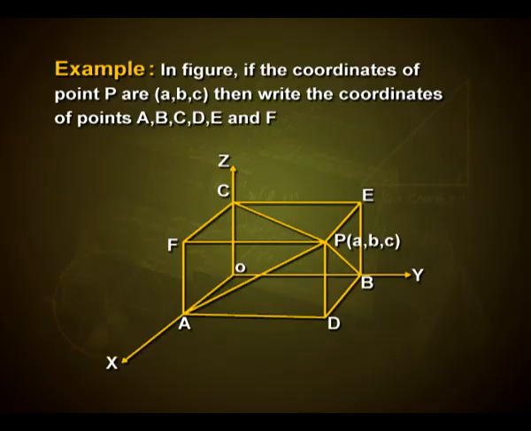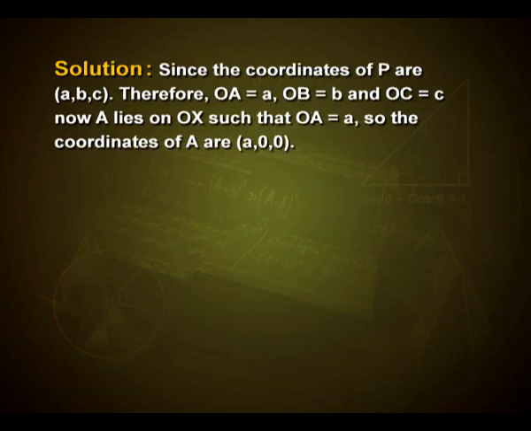Here let us look at one example. If the coordinates of point P are a, b, c, then write down the coordinates of point A, B, C, D, E and F. Since the coordinates of P are a, b, c, therefore, OA is equal to a, OB is equal to b and OC is equal to c.